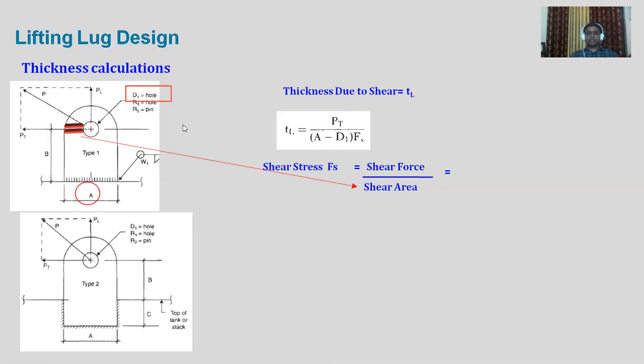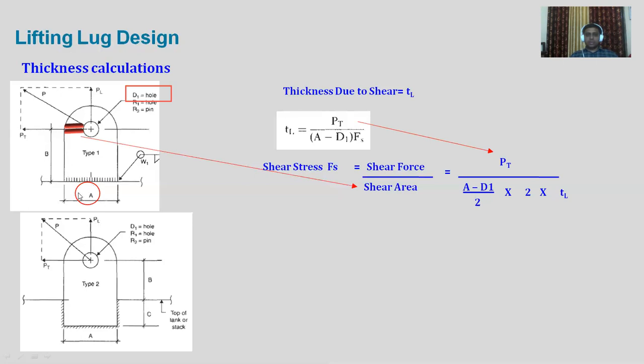Let's understand this. D1 is the diameter of the hole. So shear force will be PT, and what will be the area? This is the area in which we are interested. This is the width, and the thickness will be its other dimension. One dimension is this distance from the OD, the length of that ligament, and the width is nothing but the thickness. So how do we calculate the distance from this to this?